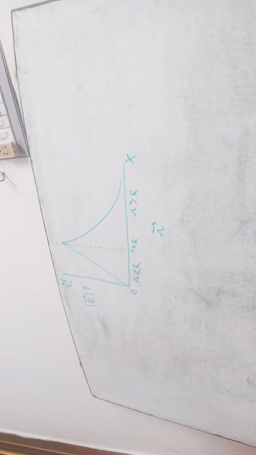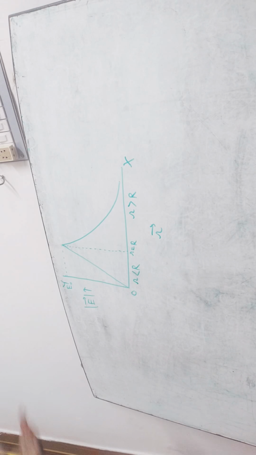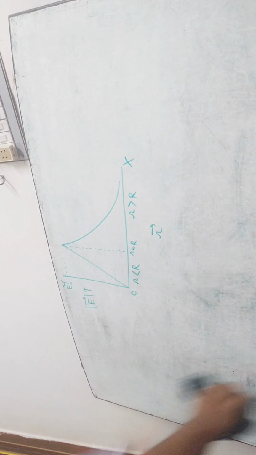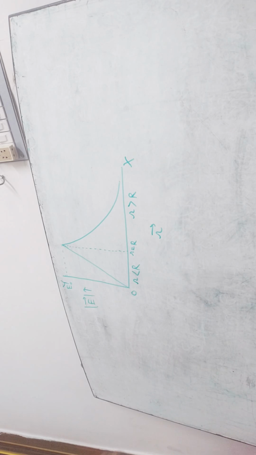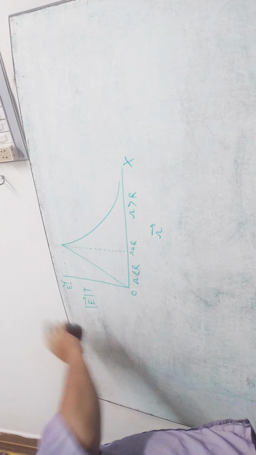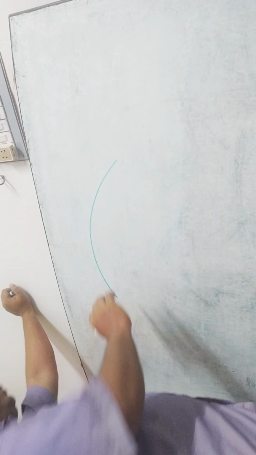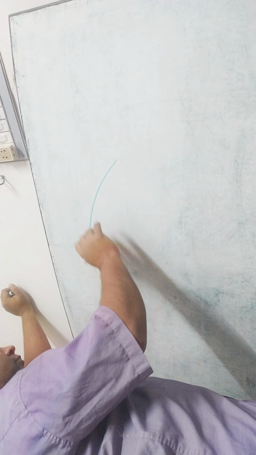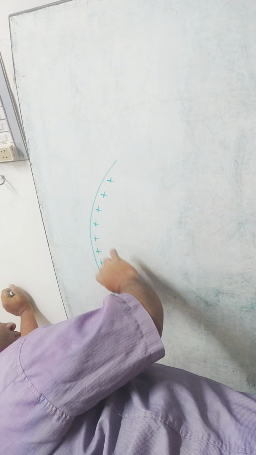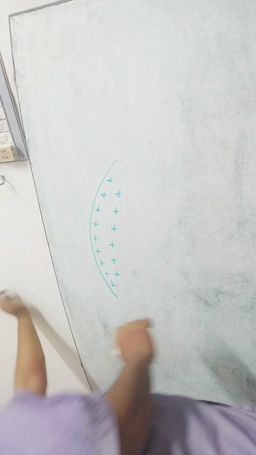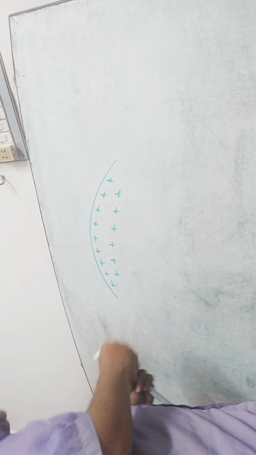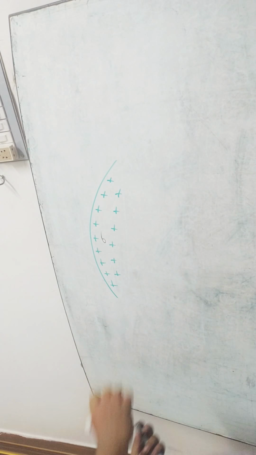Now I am going to derive Coulomb's theorem. It is not Coulomb's law, it is Coulomb's theorem. Let us consider a uniformly charged surface whose surface charge density is sigma.